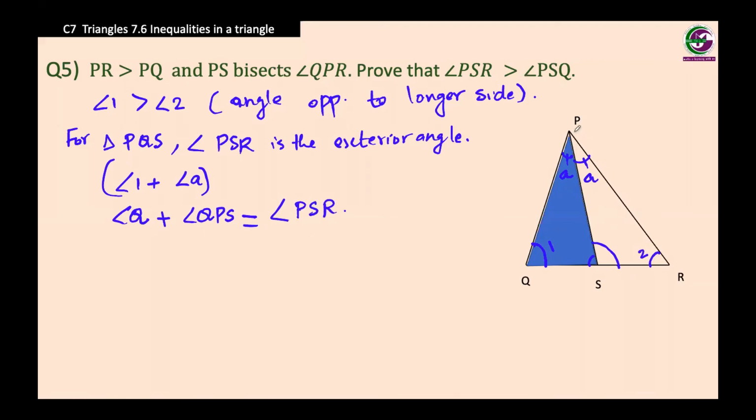Now, for the triangle PRS, in the same way, PSQ is the exterior angle.